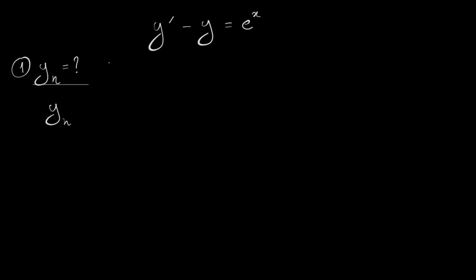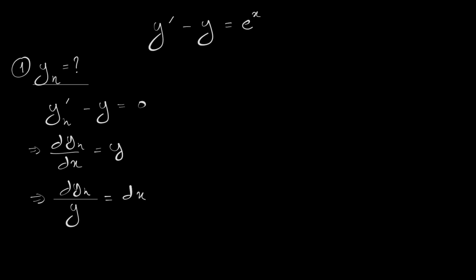Let's use for this a practical example and take the equation y prime minus y equals exponential of x. The step number 1 is to find the homogeneous solution of the homogeneous equation y prime minus y equals 0. Then dy over dx equals y. Then we separate the variables and we write this.